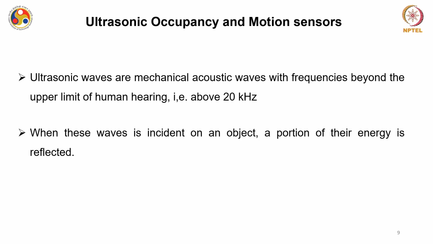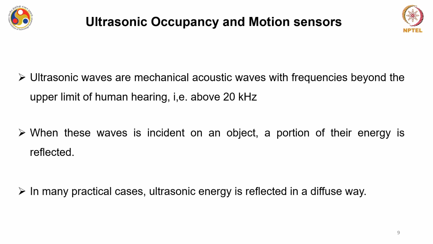When these waves are incident on an object, a portion of their energy is reflected. Some is of course absorbed, but some portion is reflected, and these sensors are based on this reflection. In many practical cases, this ultrasonic energy is reflected in a diffuse way.